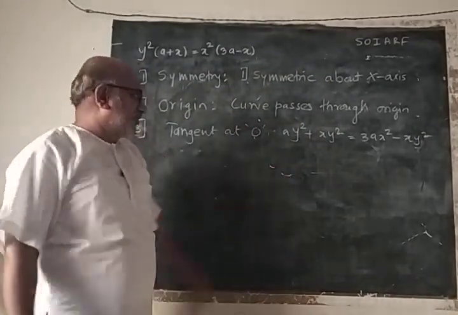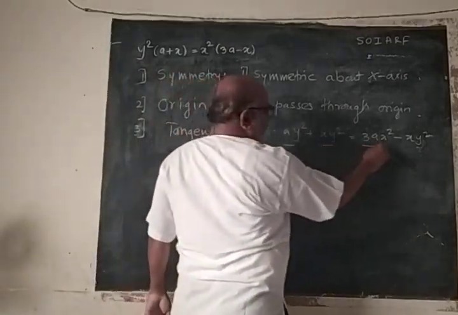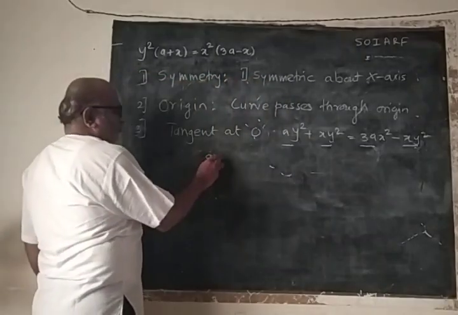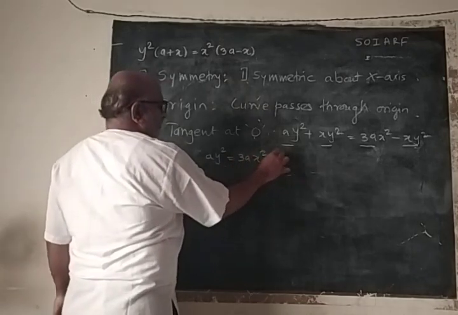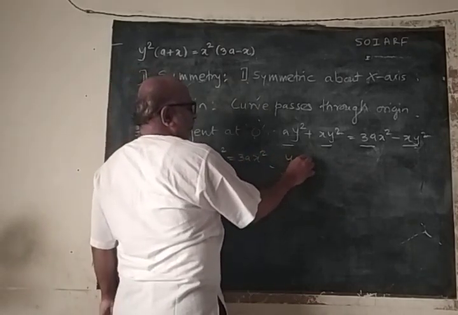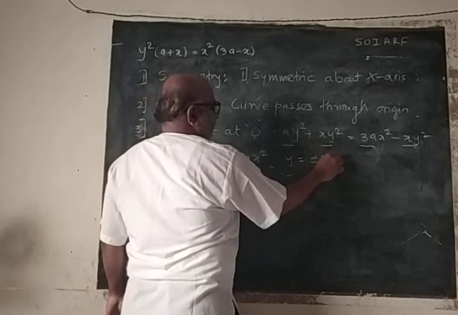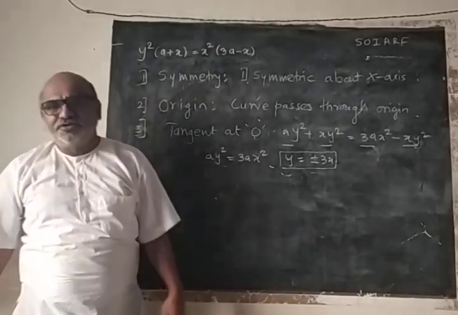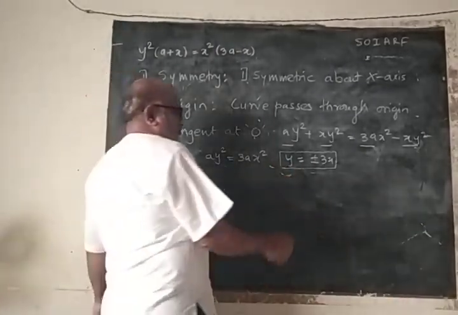What are the lowest degree terms? Its power is 2, its power is 3, its power is 2, and its power is 3. Therefore, you may write a y square is equal to 3a x square. That is y equal to plus or minus root 3 x. There are two different tangents at origin, and therefore origin is a node.